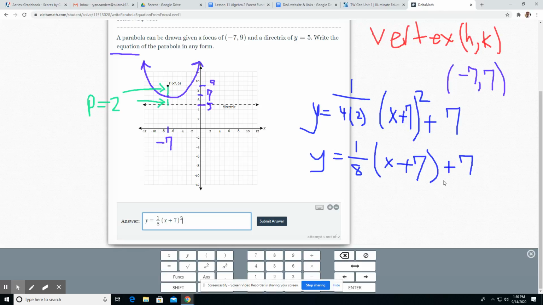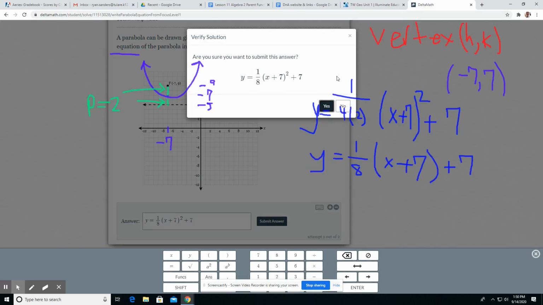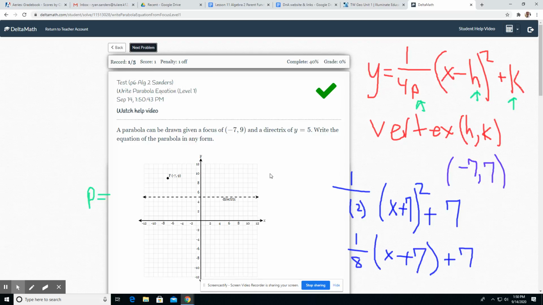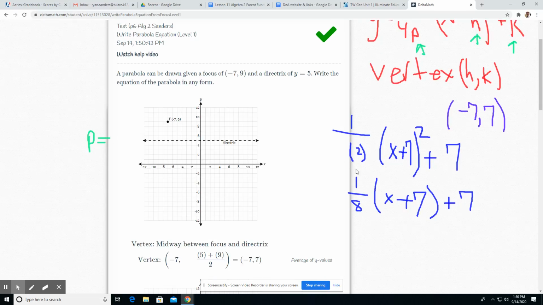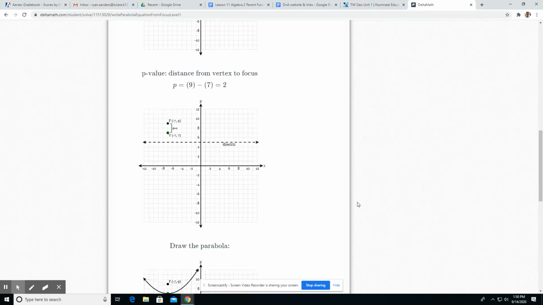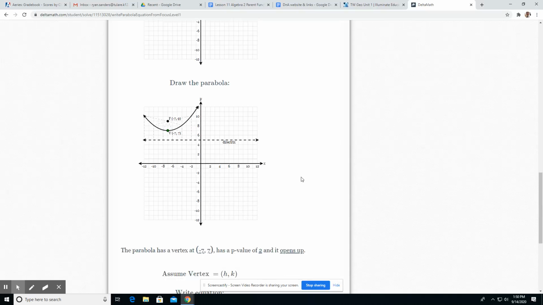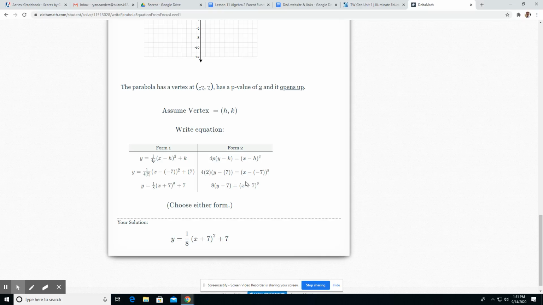And plus 7 on the end. All right, let's see how we did. Yep, got it. No problems. And then let's see if it is wider, like I was thinking. 1 over 8 means it grows at a slower rate. And yes, that's a wider function than our normal x squared equation. And remember, like I said, here's our two forms. These are things that you have to have written down and memorized.